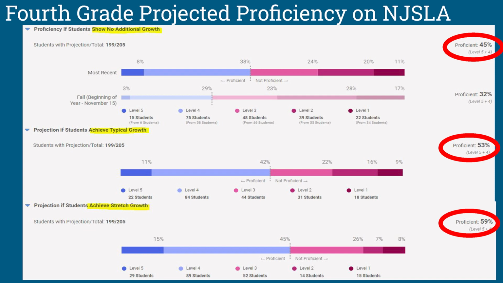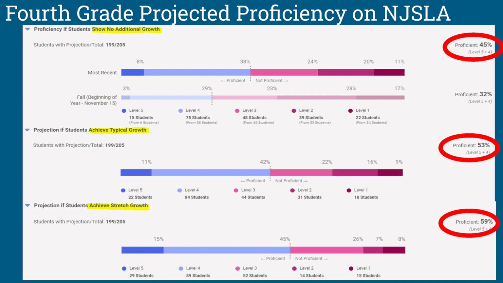In fourth grade, same thing. You can see up here, with no additional growth, 45% of our kids would be proficient on NJSLA. If our students meet their typical growth, we're looking at 53% of them being proficient.